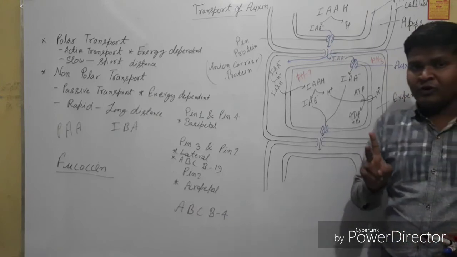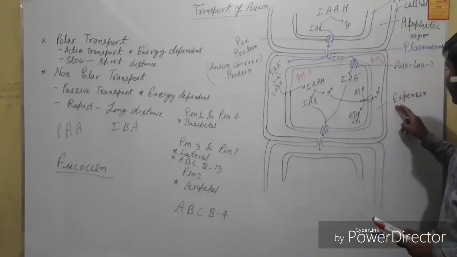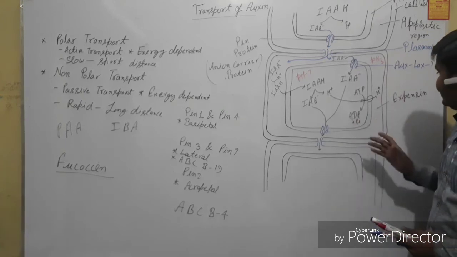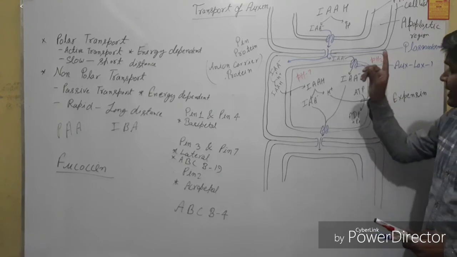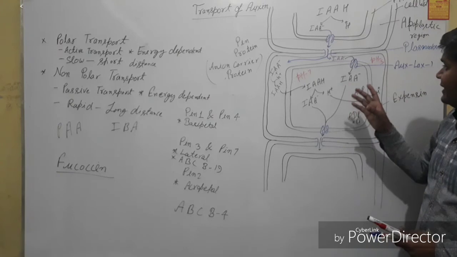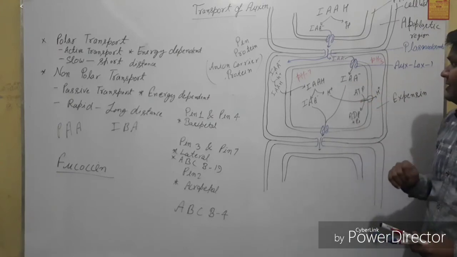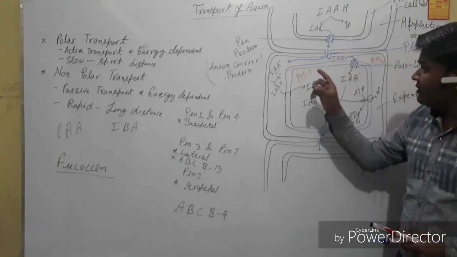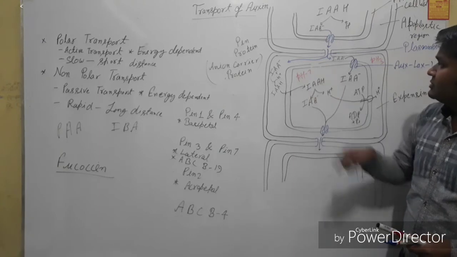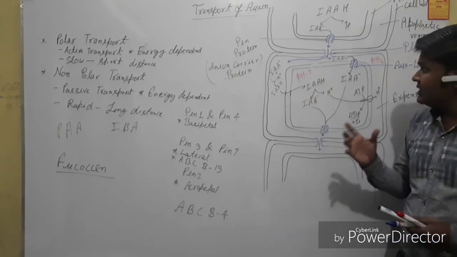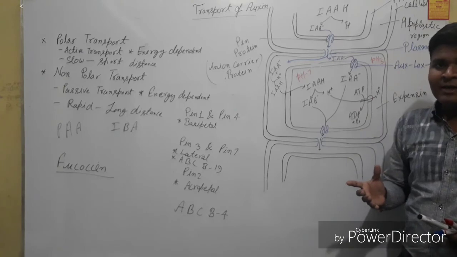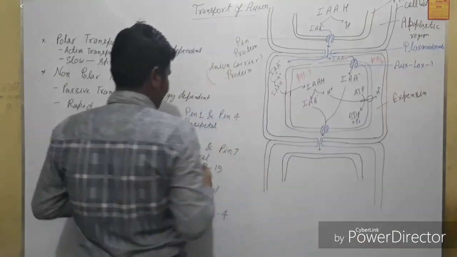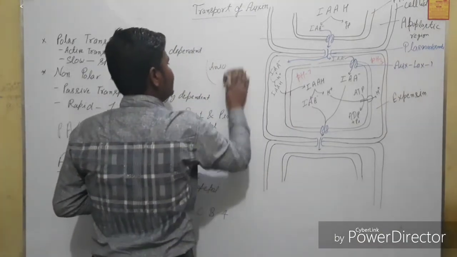IAA, that means the auxin, can be transported in two forms, directly and indirectly. Directly means when auxin attaches to a cell surface receptor. Let us draw here.